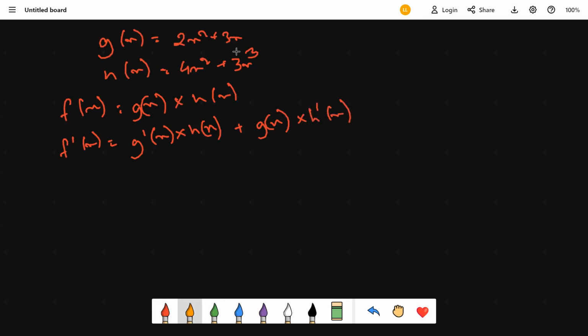Now let's try to find them out. Before doing whatever I'm doing here, try to do it in this way because this will make things easier. At first, beside g of x, try to find g prime of x. G prime of x is what? 2 times 2 is 4x plus 3, and h prime of x gives us the value of what? 8x plus 9x squared. I'm doing it in a shortcut, but for you, consider doing the whole math step by step.